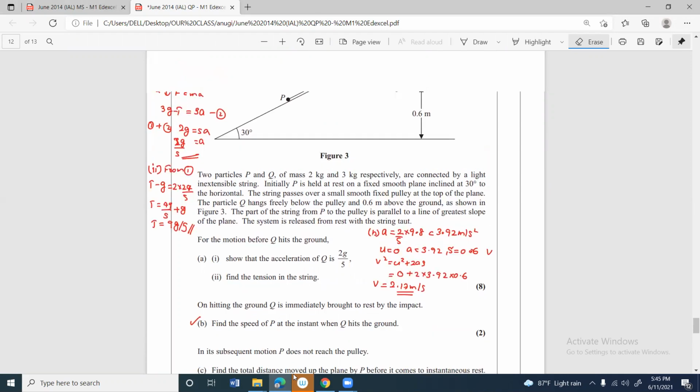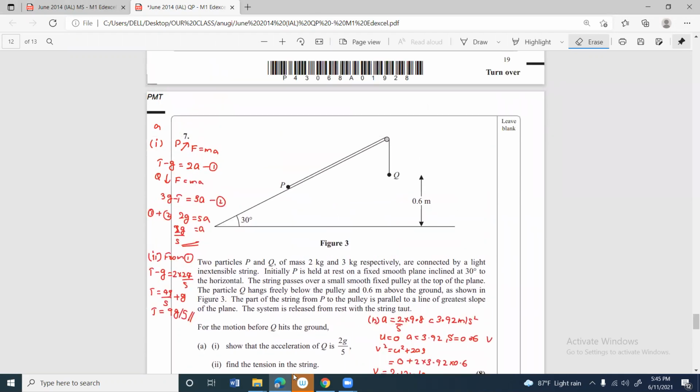Now you can see this Q comes to this point. Now Q is over here. Then P has traveled 0.6 meters up, because when Q goes down, with the same motion, P travels 0.6 meters up.